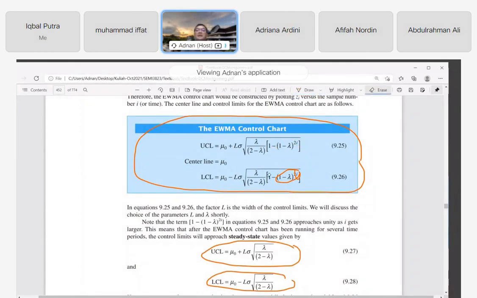This one can be used for the whole chart. But when i becomes big, this value is not significant because it is going to become 1, so only this one remains.